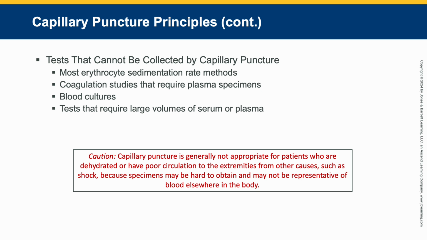Okay, I do want you to keep this in mind. Although light blue top microtubes are available, they are not to be used for capillary blood specimens. These light blue microtubes are only to be used if you draw a venous blood sample with a syringe and you can't get but a very small amount from your patient.